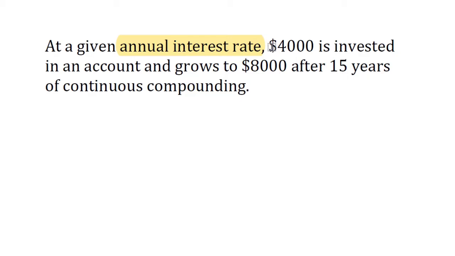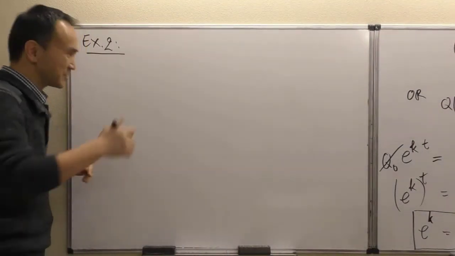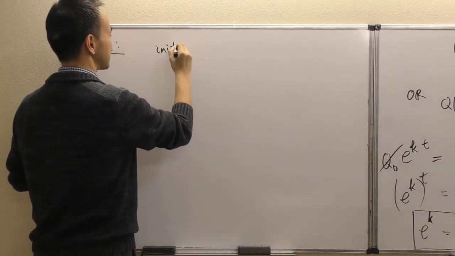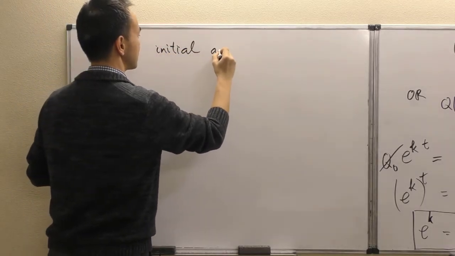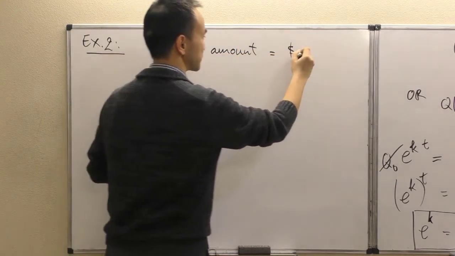What I see here is that $4,000 is invested in an account and grows to $8,000. So the $4,000, in the way I see it, is the initial amount. So we have the initial amount being $4,000.